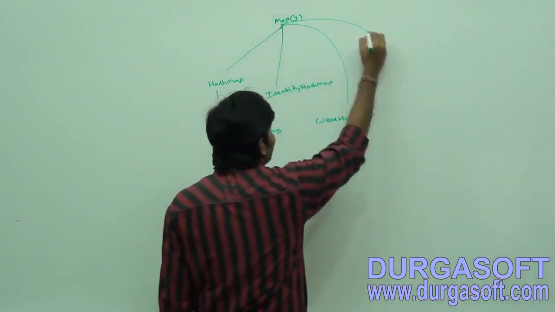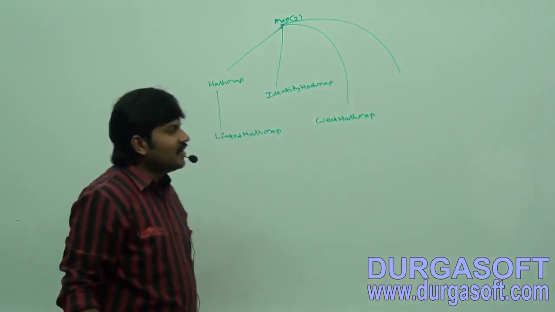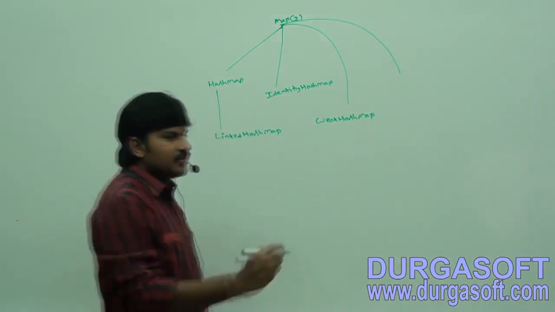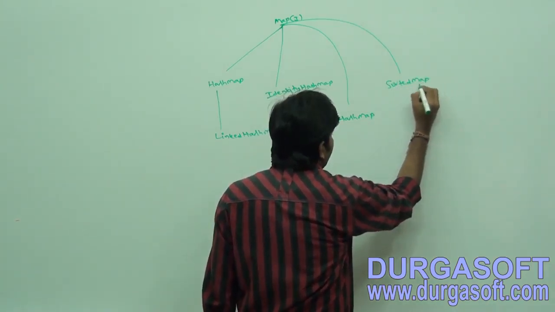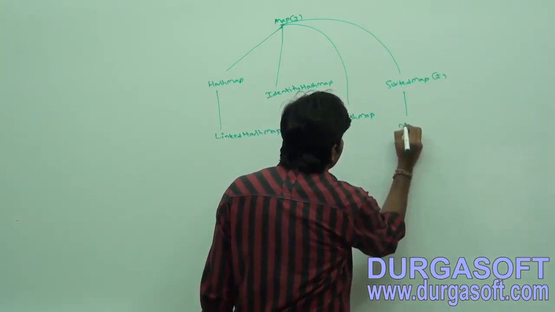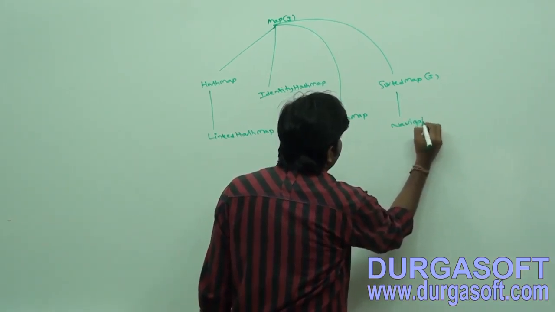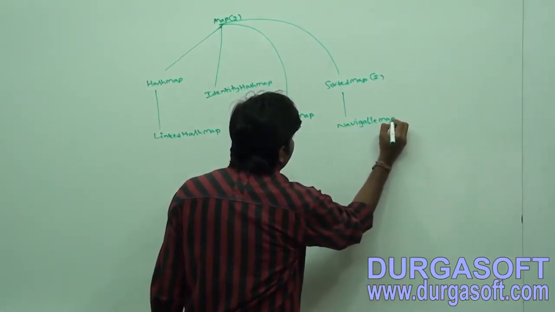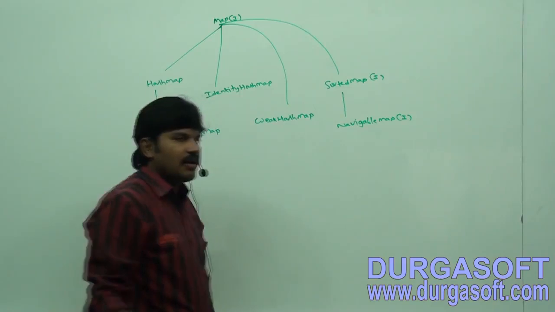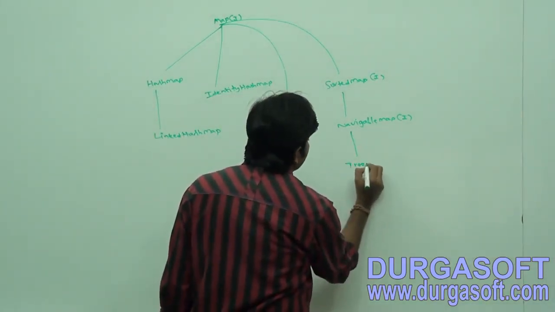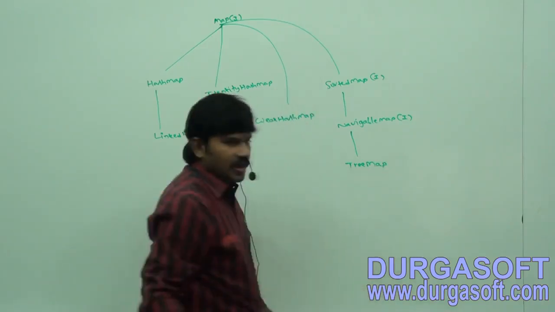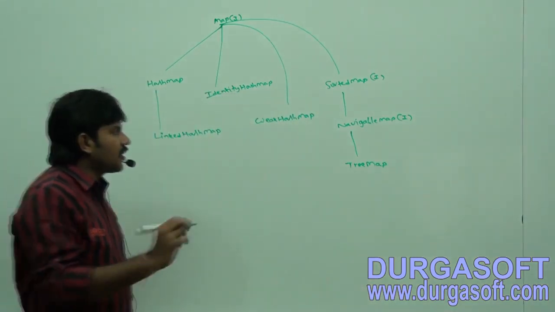That part we will discuss anyway. And then the SortedMap concept we have to talk. Then NavigableMap, at last we will discuss NavigableMap. The implementation class for that is TreeMap.